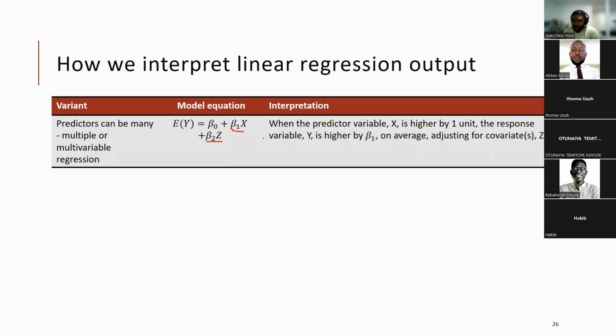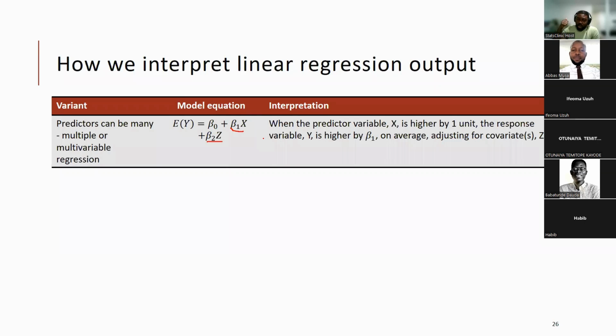I think B1 is the constant for married. You said X is when the resident is married is 1, and when he's not married is 0. Yes.